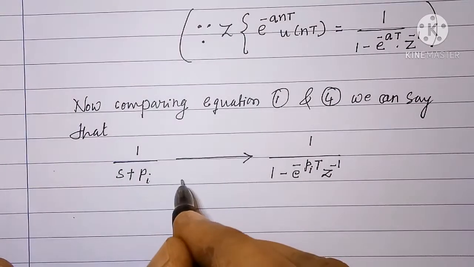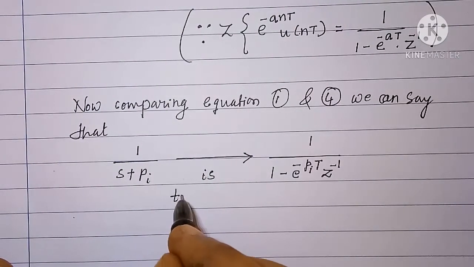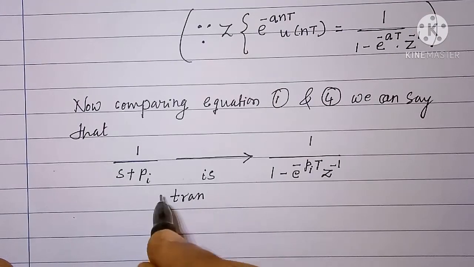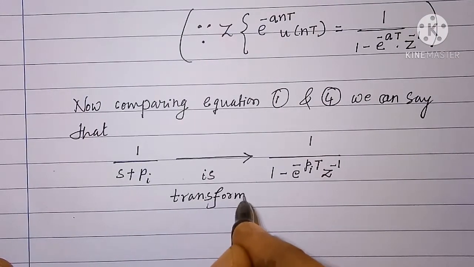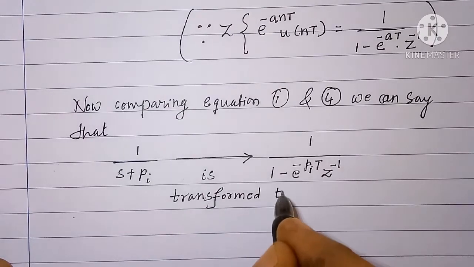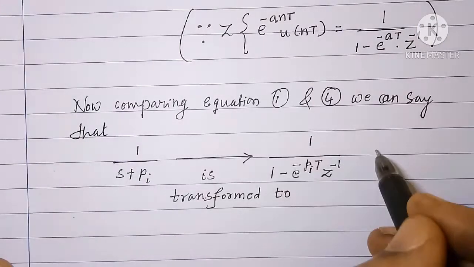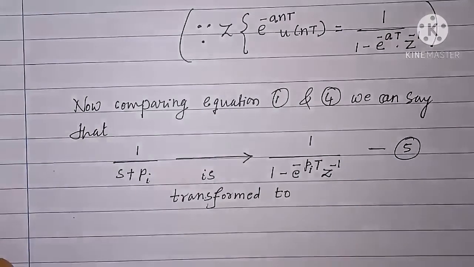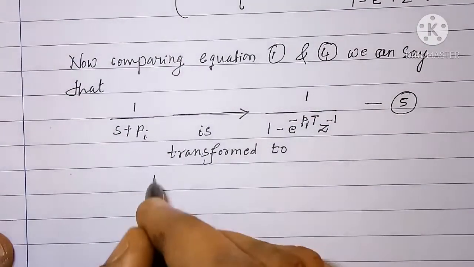Can write here. Arrow mark means is transformed to or is mapped to. Let us call this as fifth equation. By which method?